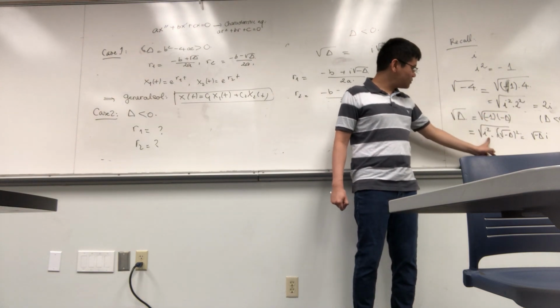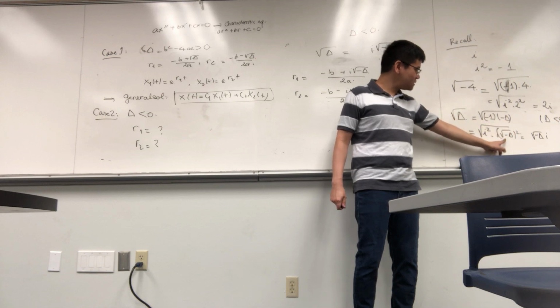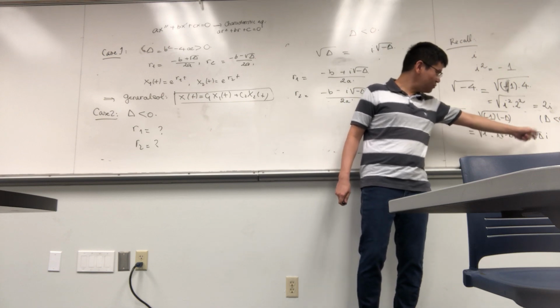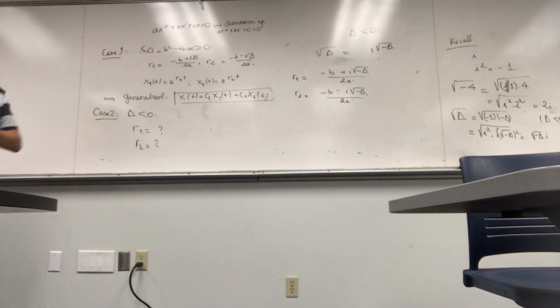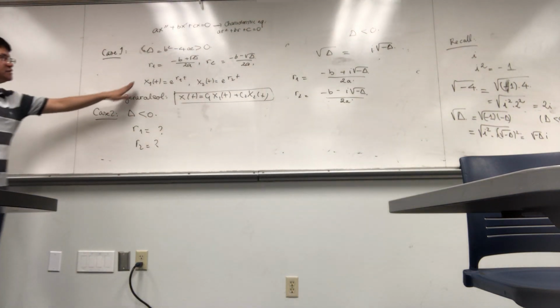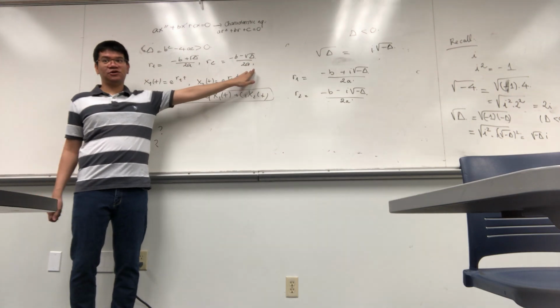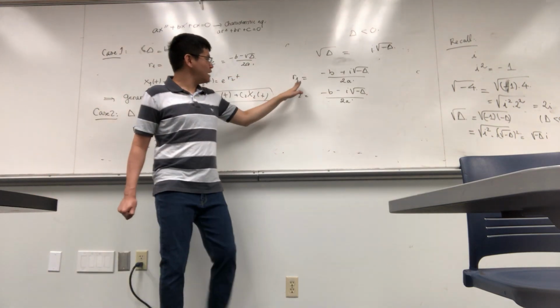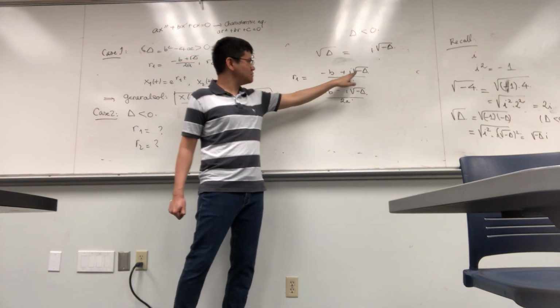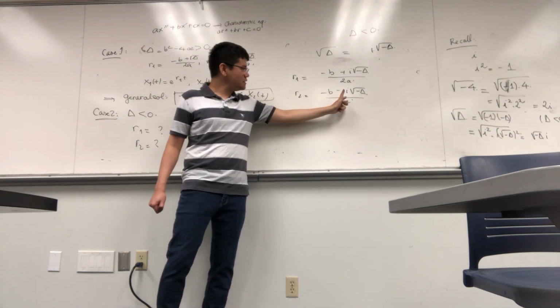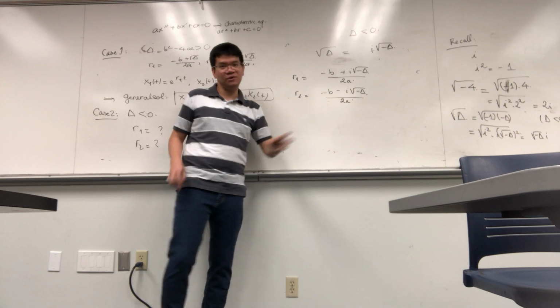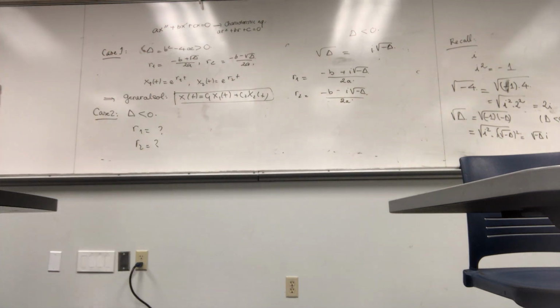So minus 1 will be I square, and when I take the square root, I have I times square root minus delta, right? So this formula can be changed a little bit. So I have R1 will be minus B plus I square root minus delta over 2A, and R2 will be minus B minus I square root minus delta over 2A, right?